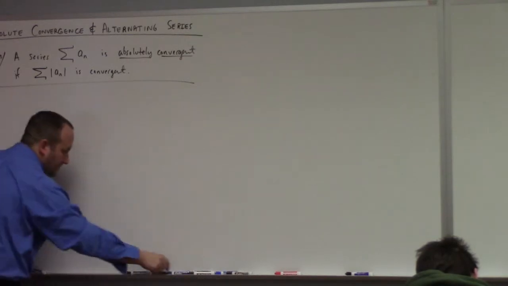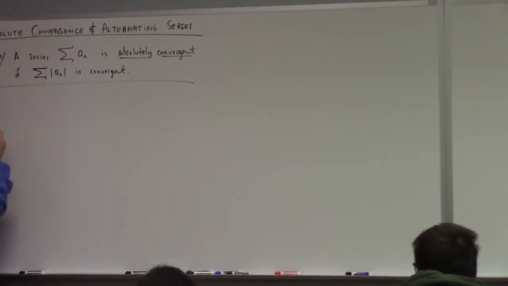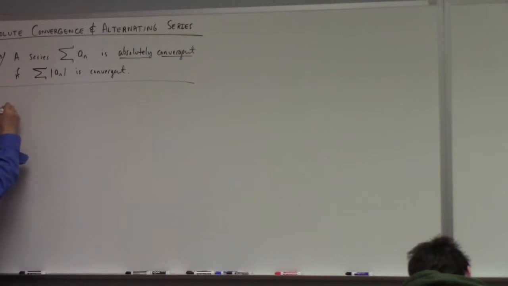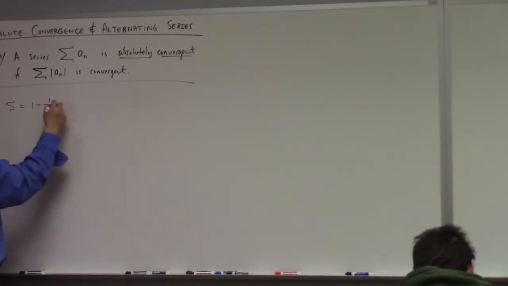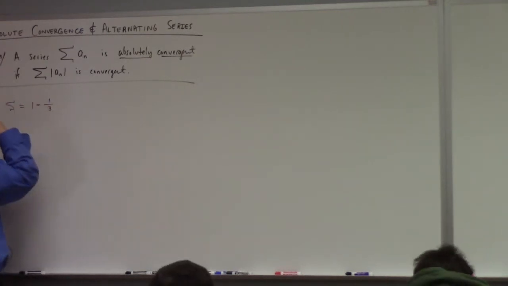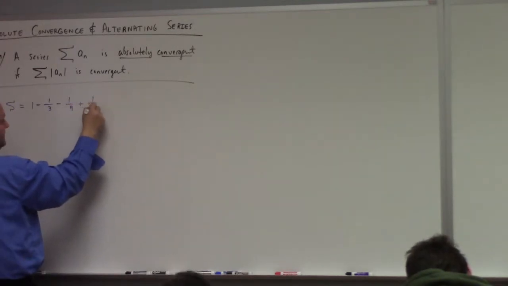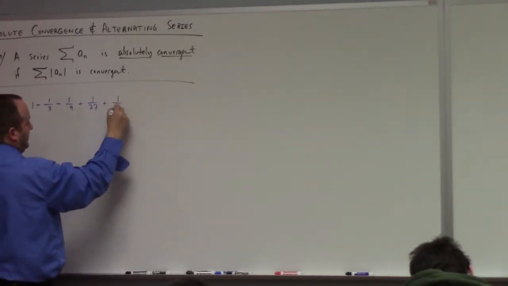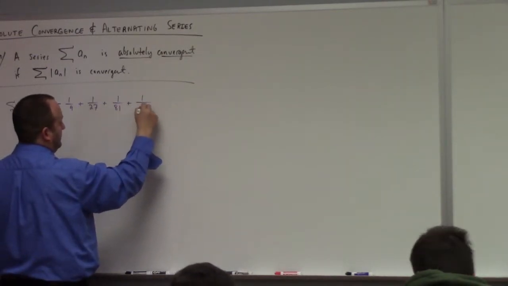Let me give you an example. If we had something like, let's say S equals 1 minus a third, minus a ninth, plus a 27th, plus an 81st, plus 1 over, I don't know, what is that, 3 to the 5th.